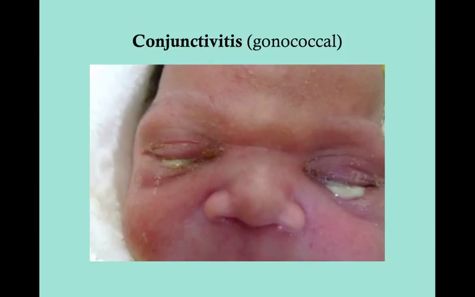And this is a big deal because when a newborn acquires gonococcus, it can lead to other things that are even more problematic than conjunctivitis. So being aware of the fact that the baby has a sequelae of gonococcal infection is important because you want to prevent other problematic things from happening.